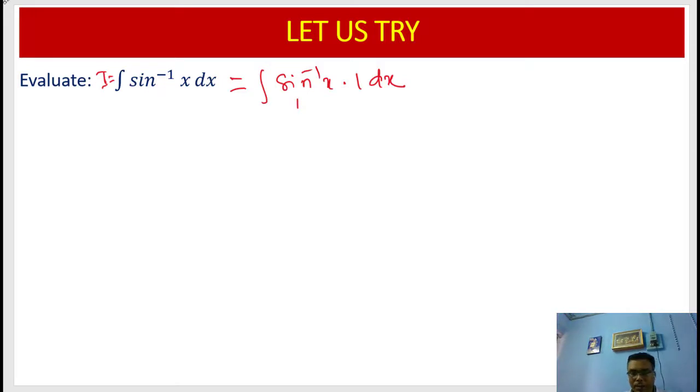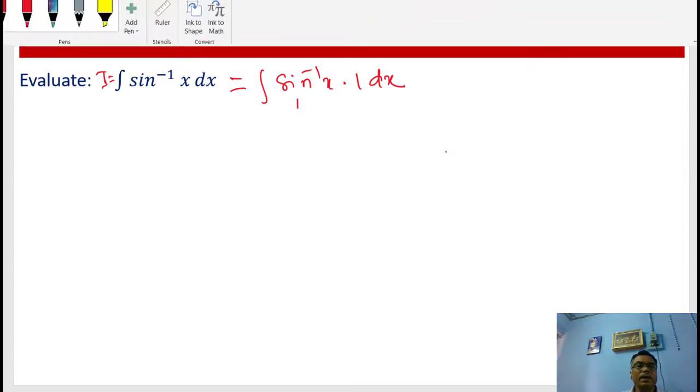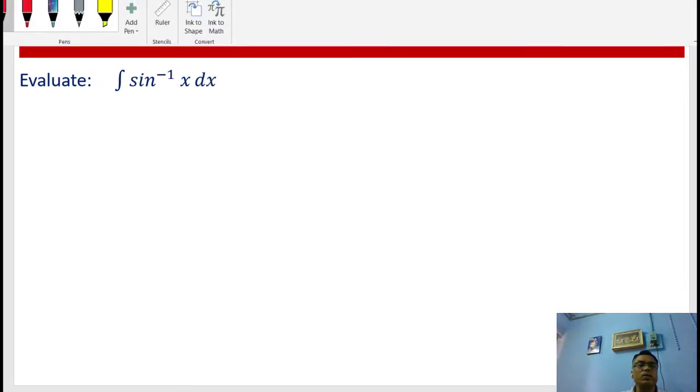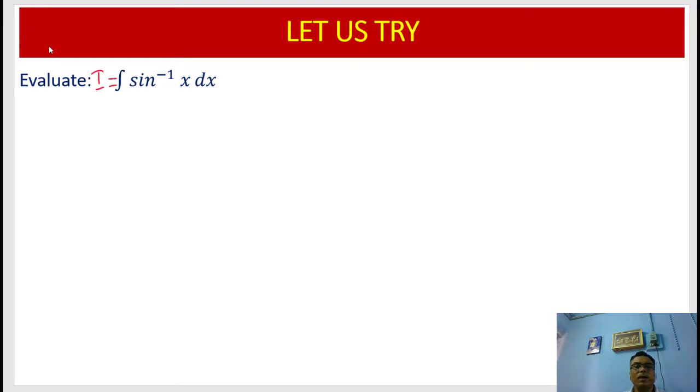The derivative of sine inverse x is 1 by root 1 minus x square. So that root may put me in trouble. Therefore, I will not do it in that way.